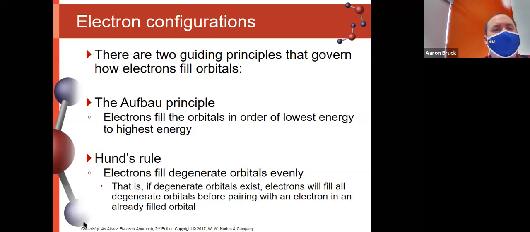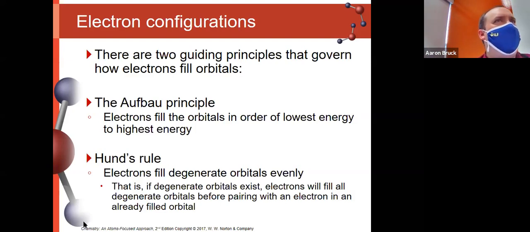Now, when it comes to electron configurations, there are 2 guiding principles that we use. One of them is something called the Aufbau principle. The Aufbau principle is a filling principle. Basically says that electrons are going to start at low energy and go from lowest energy to highest energy.